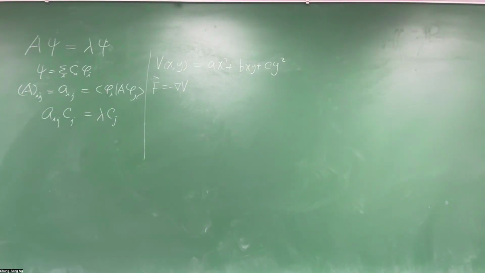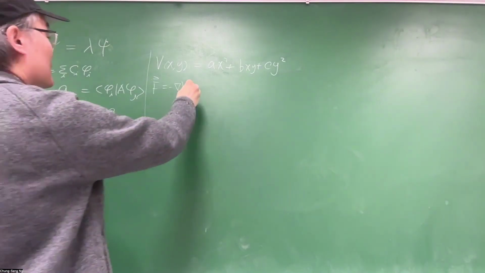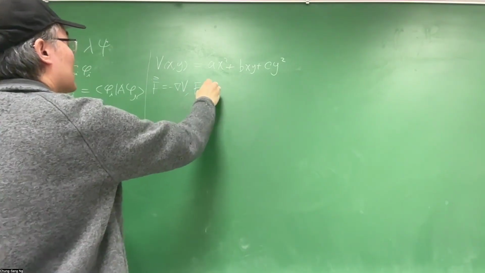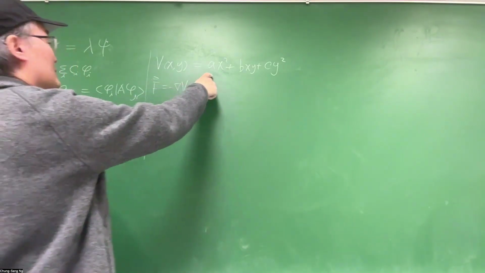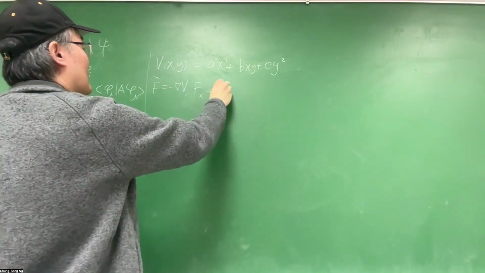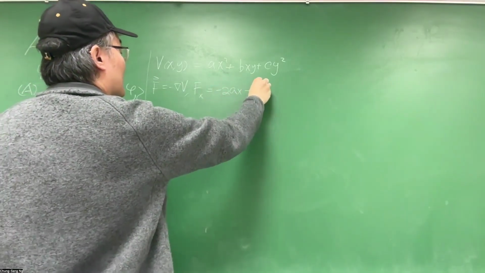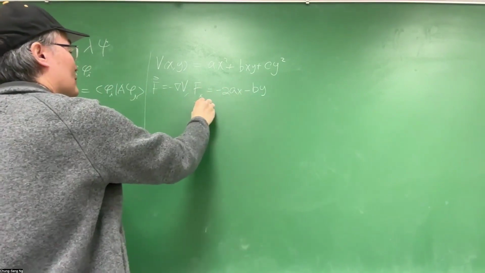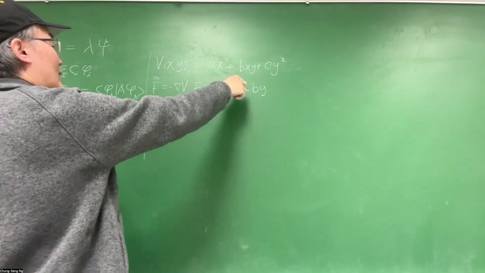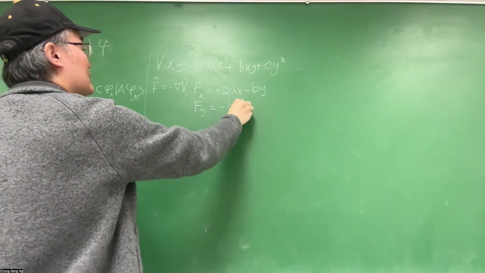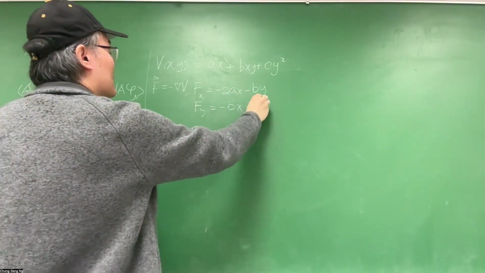So the x component is obviously F_x, minus the gradient, which is minus 2ax minus by. F_y, taking the y derivative, is minus bx minus 2cy.